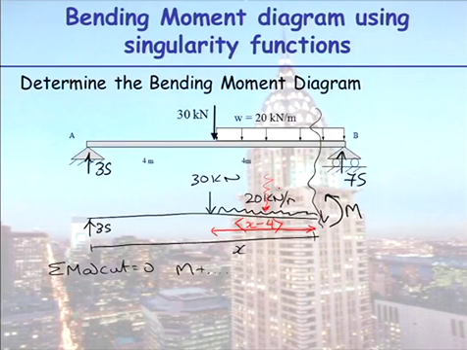So it's 20 kilonewtons per metre acting over a distance of x minus 4. Where is it acting? It's acting in the middle of that region. So what's this distance here equal to? x minus 4 on 2.